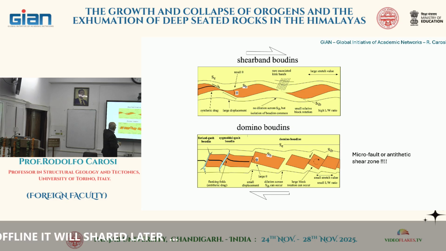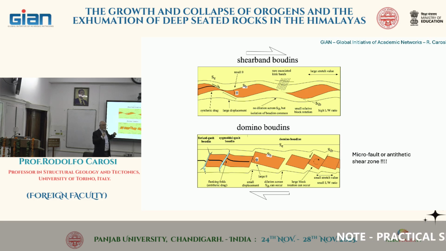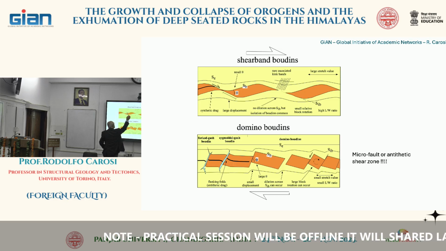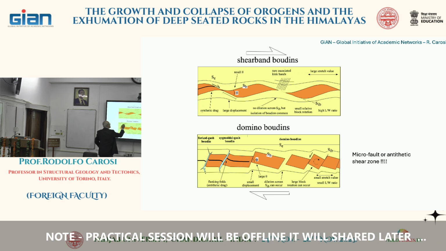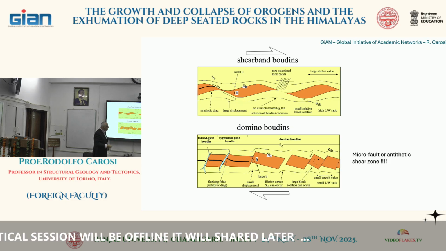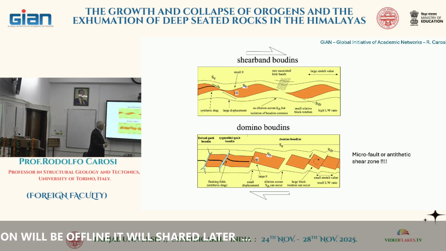In the case above, you have less difference in rheological contrast, in viscosity, between the boudin and the matrix, and the boudins are a little bit deformed in a sigmoidal shape. From one boudin to another, there is a small shear zone at a small angle with respect to the shear zone boundary, with a sense of shear that is the same, more or less.